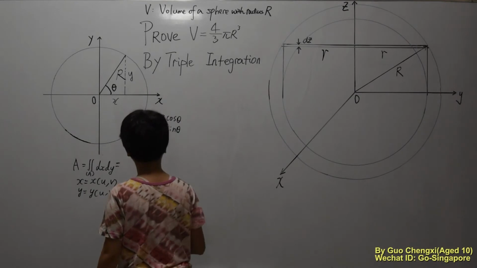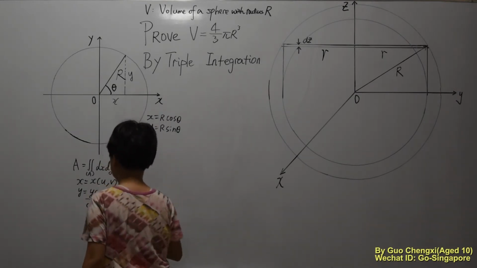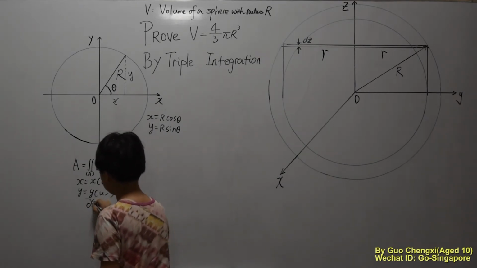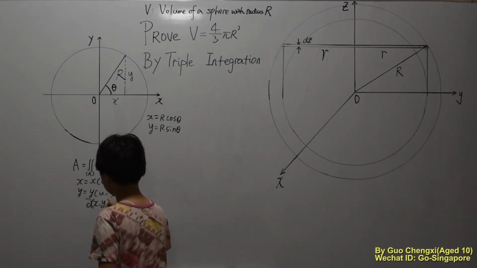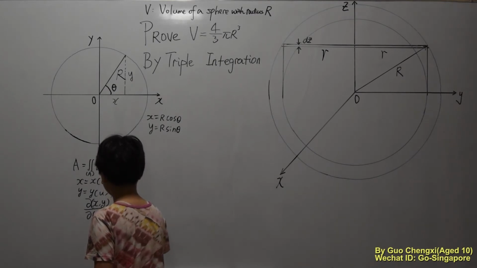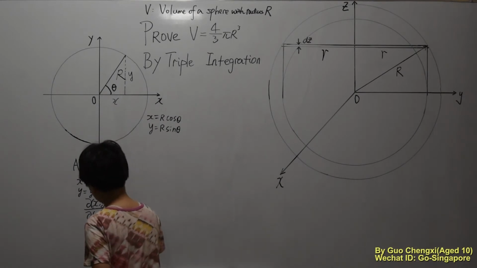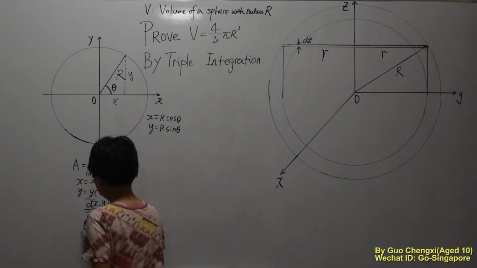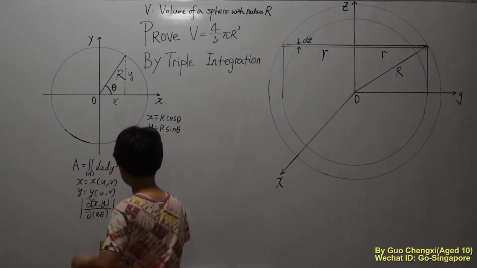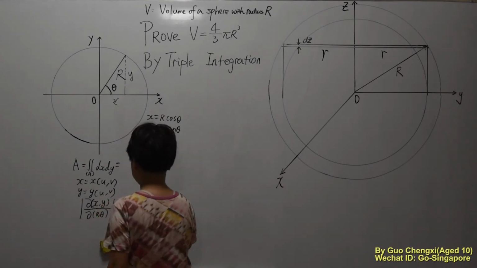So we use the Jacobian determinant, partial (x, y) over partial (u, v). But in this case, the u, v is basically r and theta, right? And this part you need to add a modulus, so that this won't have any negatives.